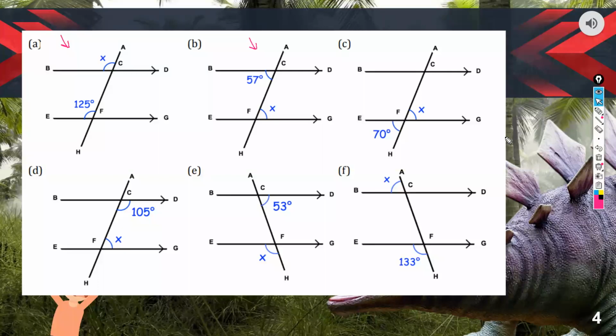So before I give away the answer for part A, right? If this is an eye, look at this. You have the 125 and the X. So this eye is looking this way, and this eye is looking this way. Are both of them looking the same direction, or are they looking the opposite direction?